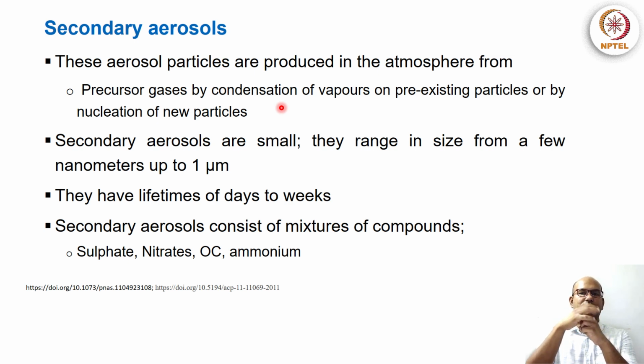They are also produced by nucleation of new particles. Sometimes the nucleation of new particles is itself initiated through gases or different reactions, and we will have these secondary aerosols produced.